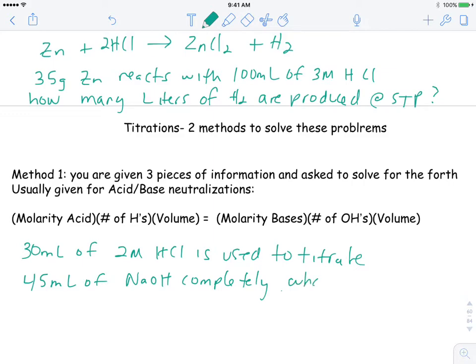What is the molarity of the NaOH? From last year, you may remember this equation up here that I'll highlight. We can plug in the numbers. You can always do this stoichiometrically, but here I can plug in the numbers. The molarity of the acid is 2 molar.